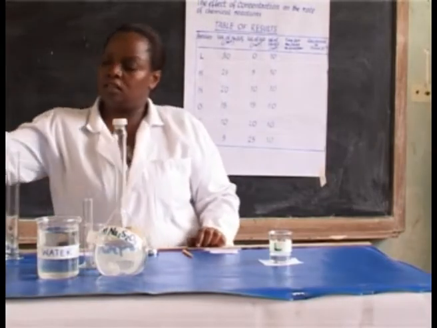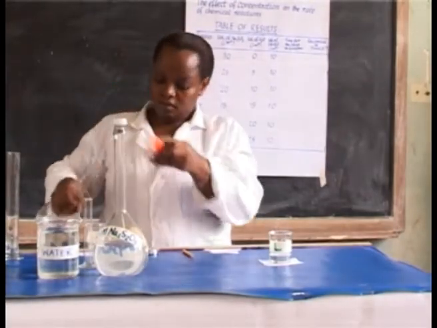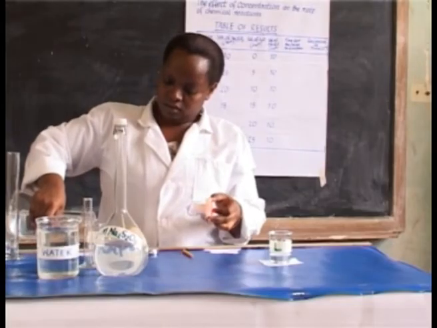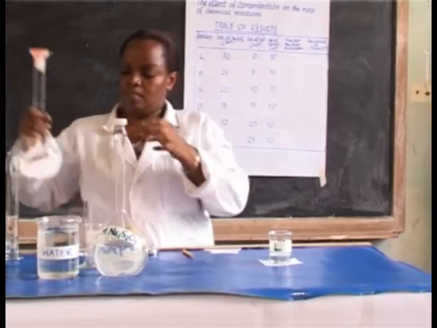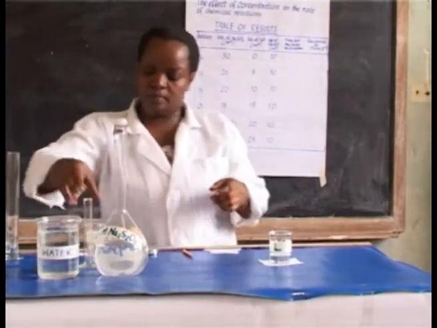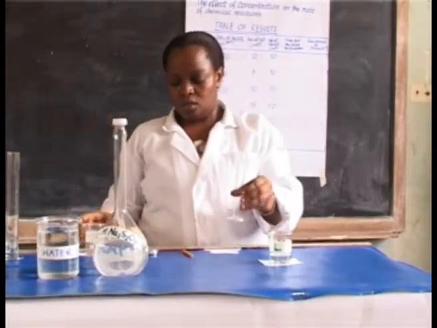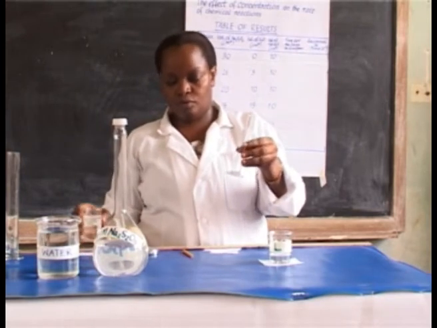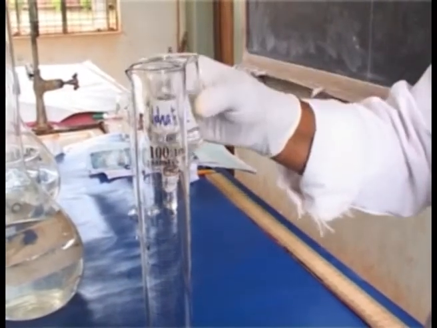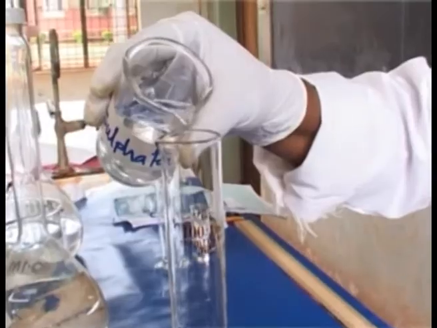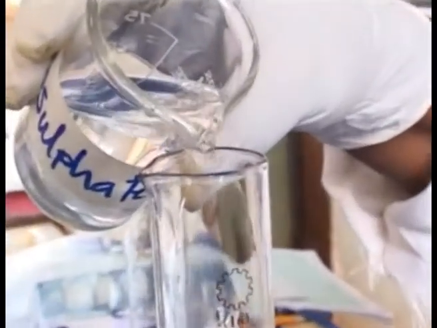Take the acid and measure 10 mils of 2 molar hydrochloric acid. Take sodium thiosulfate and measure 30 mils.